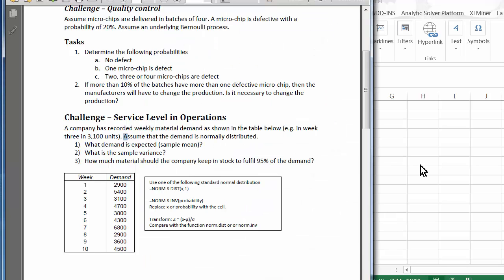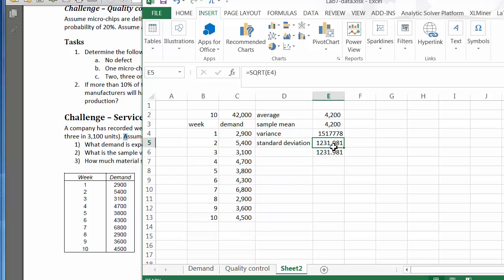However, since we're assuming it's normally distributed, we can immediately make some statements. Knowing the sample mean is 4200, if it's a normal distribution, if it has the bell shape, then 50% of this data should be less than the sample mean, and 50% should be more than 4200.